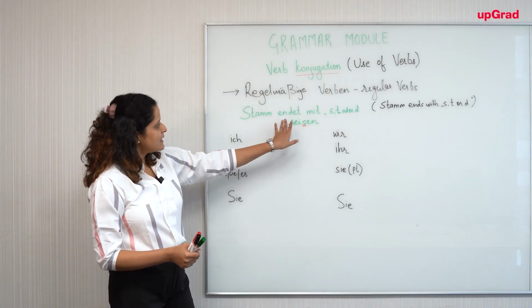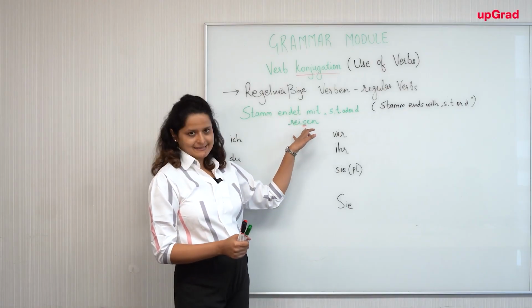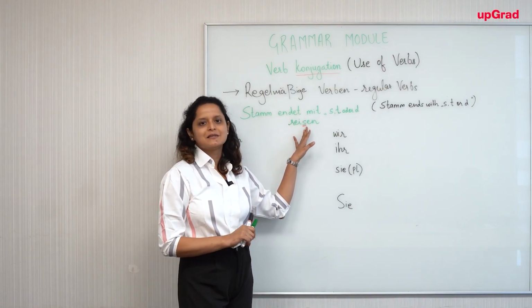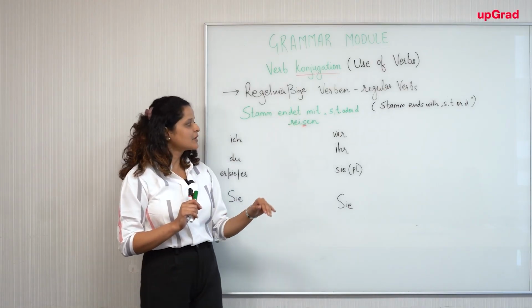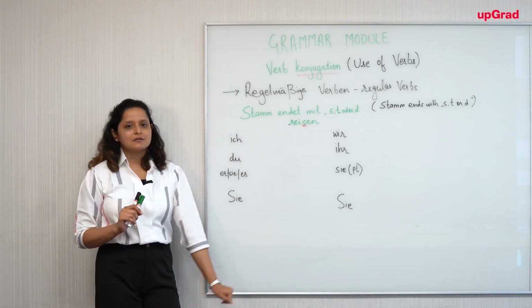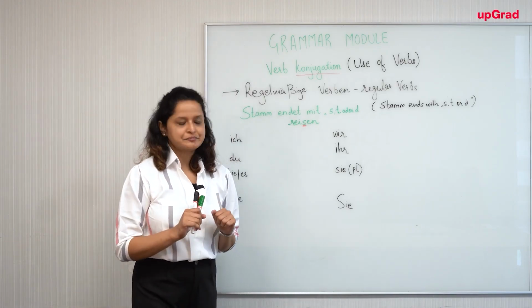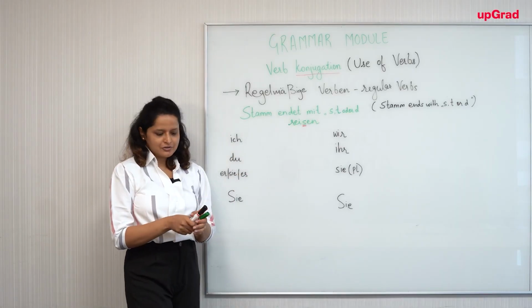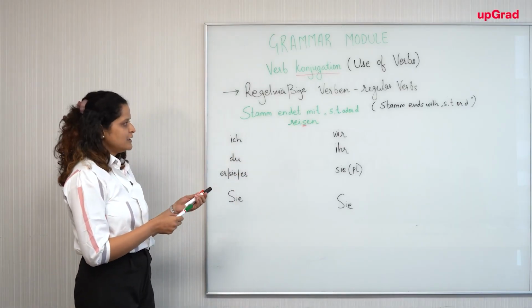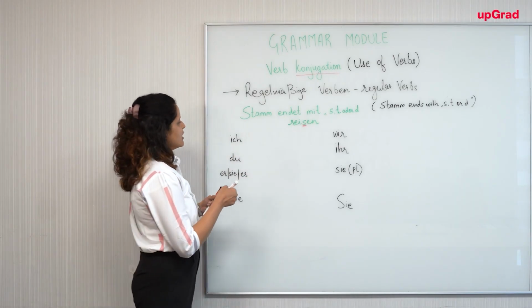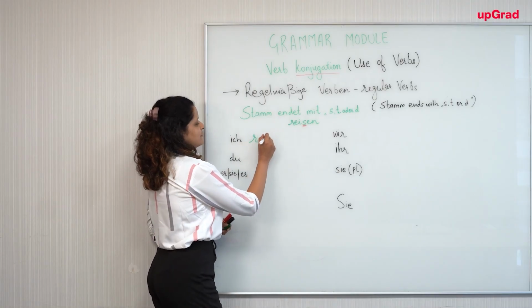So let's first start with stem ending with s. That is when your stem ends with the syllable s. So the verb that we see here on the screen is the verb reisen. Reisen means to travel. So when we conjugate this verb, for ich, there is no change. So we conjugate it like we have learned.